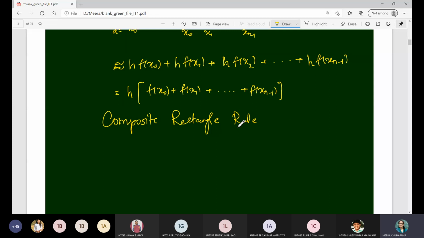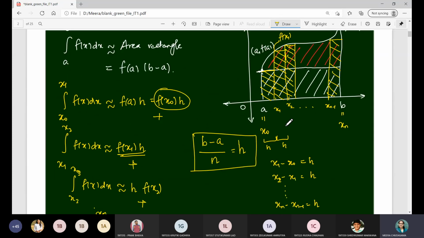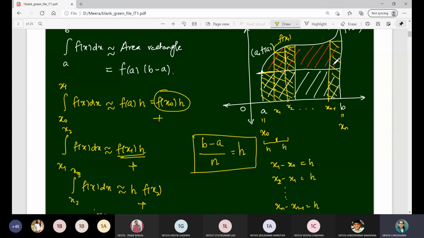Why? Because we have taken the composition of all these rectangles for the entire interval a to b. So we applied the rectangle rule for each subinterval, so that's why it is called the composite rectangle rule. And you can see that by composition the error part is minimized.